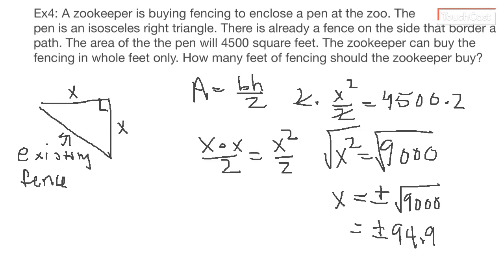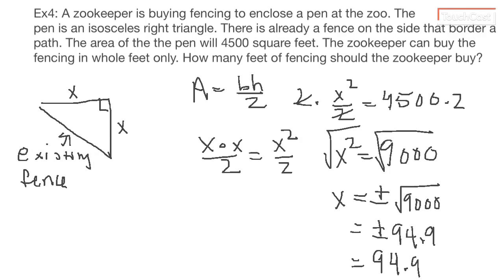However, we're dealing with length here, and negative numbers just don't work with length. So we find that x is just going to be 94.9. But that's not the total amount of fencing we want, and the zookeeper can only buy fencing in whole number amounts.